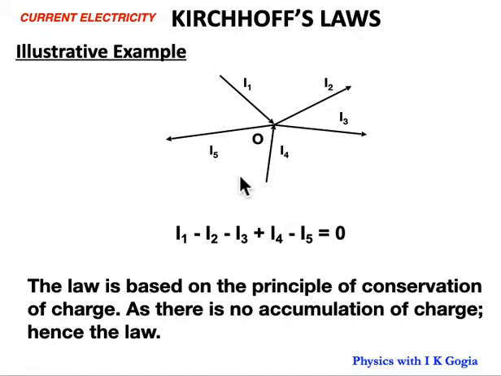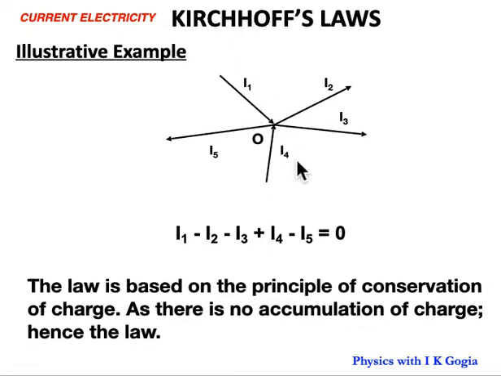In order to illustrate what this law means, let us suppose that this is part of an electric circuit and we have a junction O here. I1 is incoming current, I2 is outgoing, I3 is outgoing, I4 is incoming and I5 is outgoing. There are two incoming currents, I1 and I4.